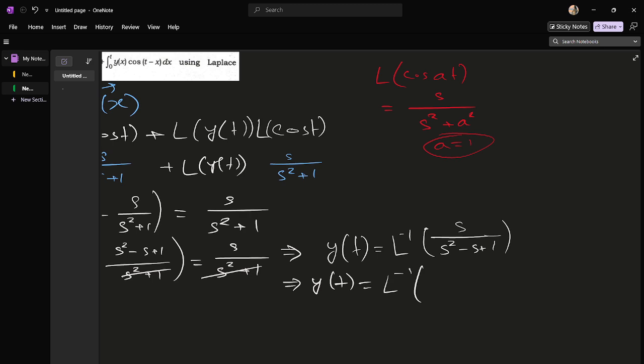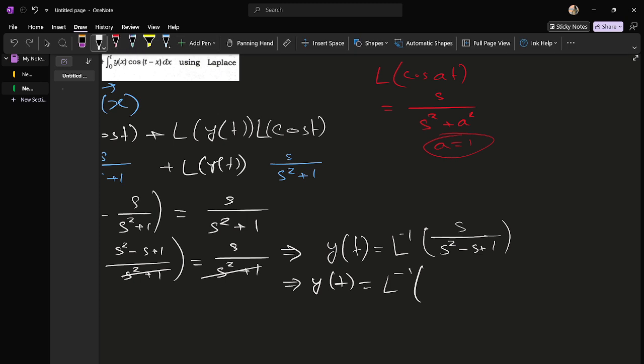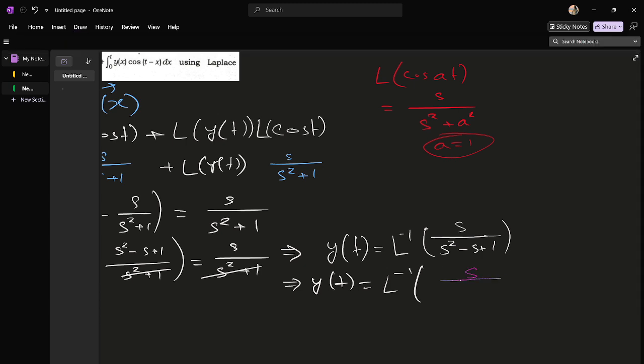L inverse of s by s square minus 2s times half, then plus half whole square.